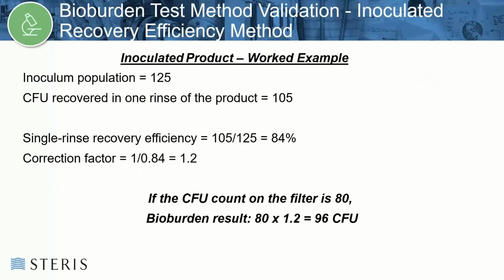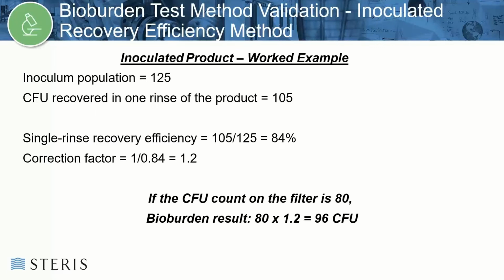In this example, the inoculum population was 125 CFU, and the CFU recovered from one rinse of the product was 105. The single rinse recovery efficiency was calculated by dividing 105 by 125, which gives us 84% efficiency.